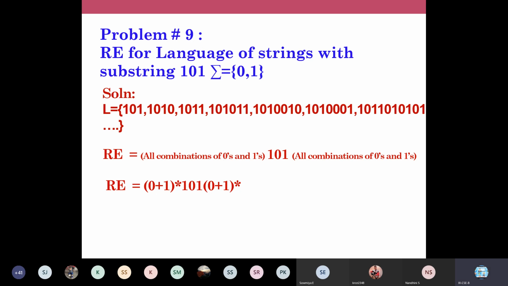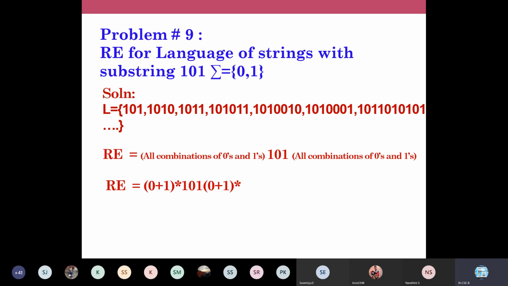When you are trying to write a regular expression, it must accept all these possible strings. When writing a regular expression for a substring, the pattern is in between. The pattern 101 is in between your regular expression, and on either side of this 101, any combination of zeros and ones might occur. So the hint is that the pattern 101 might come anywhere in your string.